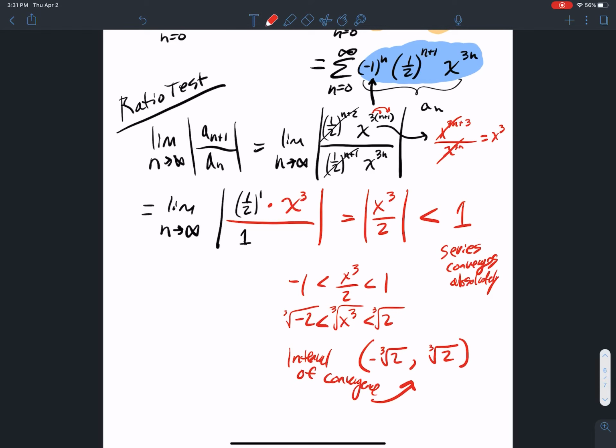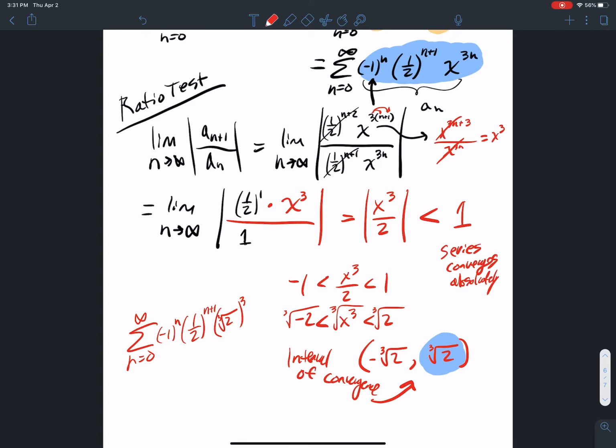All right, so what you could do at this point is check the endpoints here. If you plug in the endpoint, cube root of 2, into your series, n equals 0 to infinity, negative 1 to the n, times 1/2 to the n plus 1, and then you plug in your cube root of 2 to the 3, that undoes that.